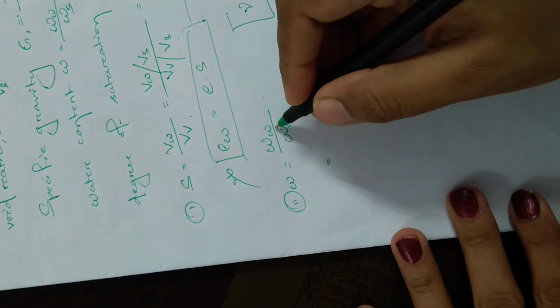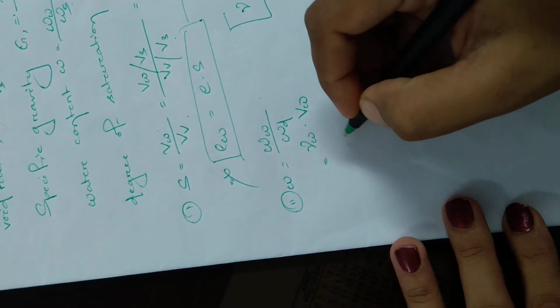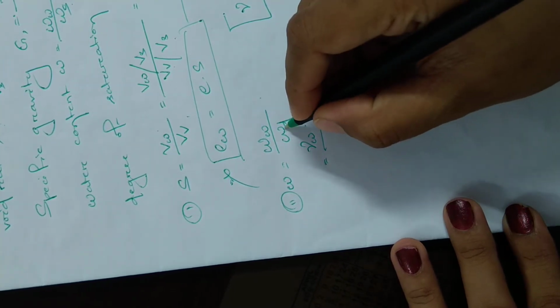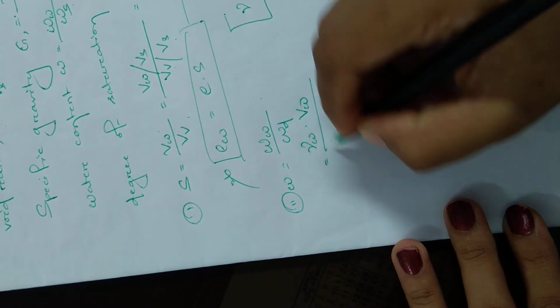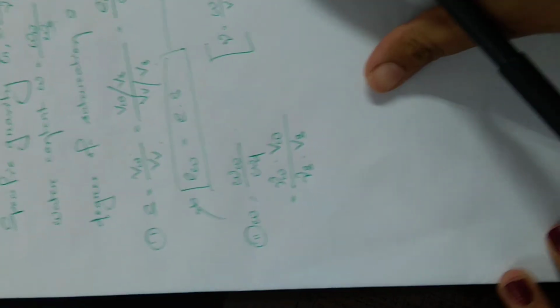So here weight of water is equal to unit weight of water into volume of water. Like that, weight of soil can be written as unit weight of soil into volume of soil.